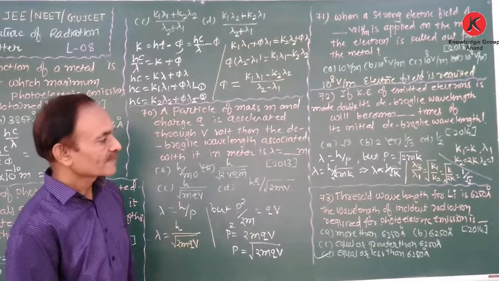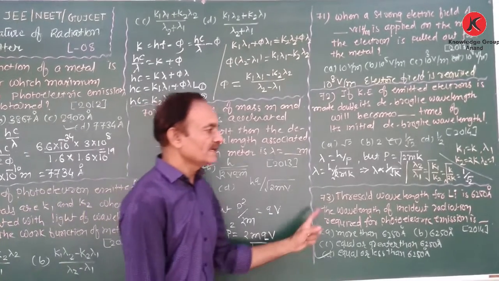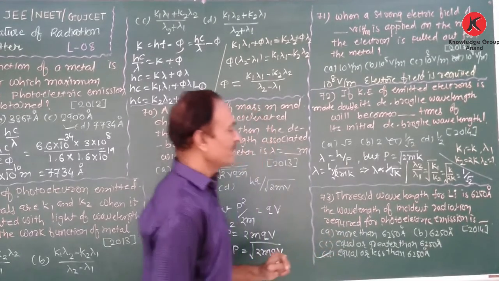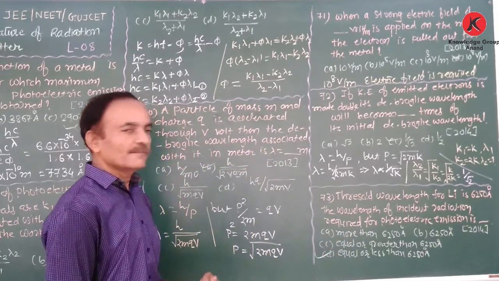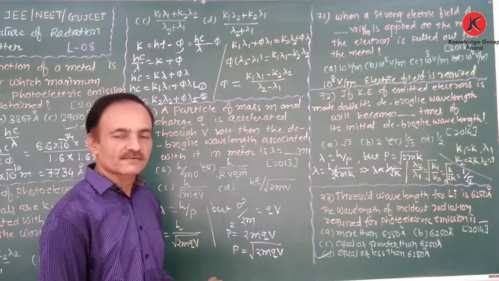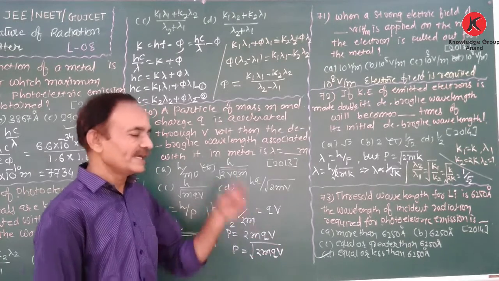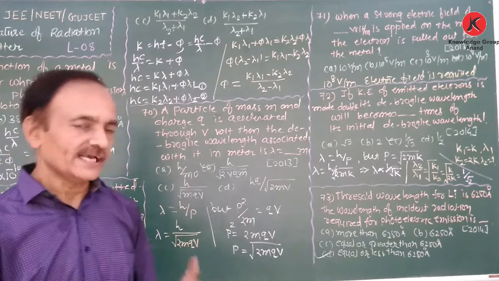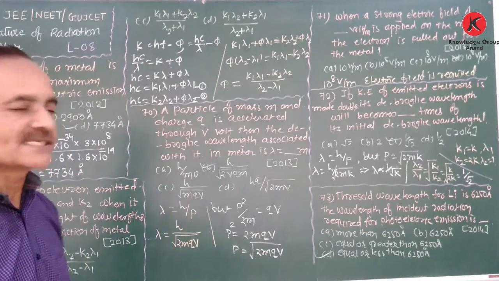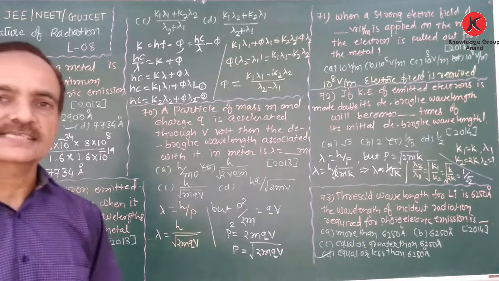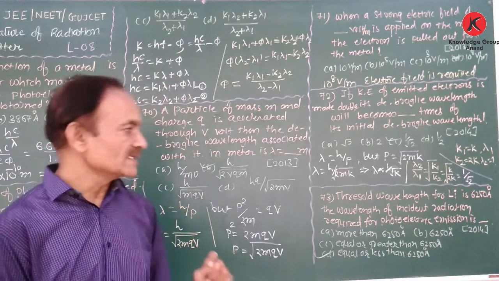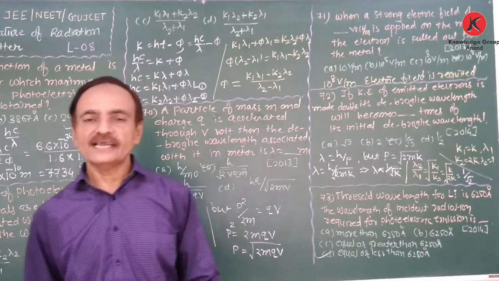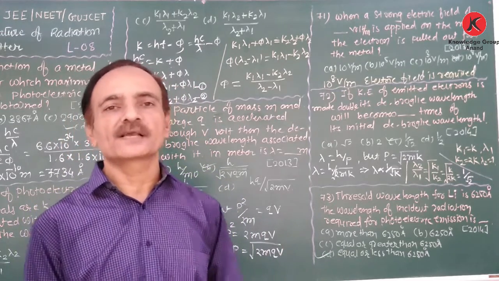Now after that, the threshold wavelength for lithium is 6250 angstrom. The wavelength of incident radiation required for photoelectric emission is? Now we know that for photoelectric emission, the condition is that the frequency of the incident radiation must be greater than or equal to its threshold frequency.